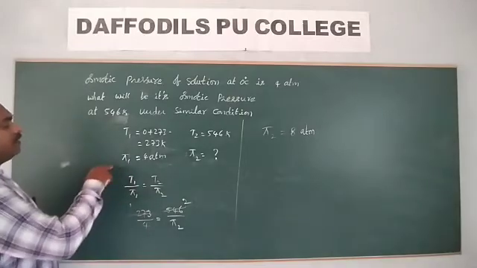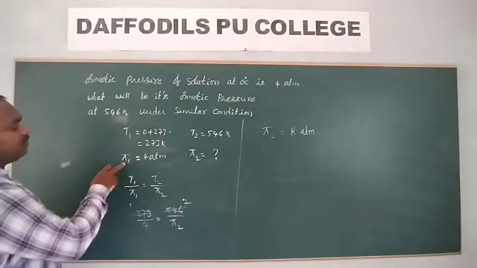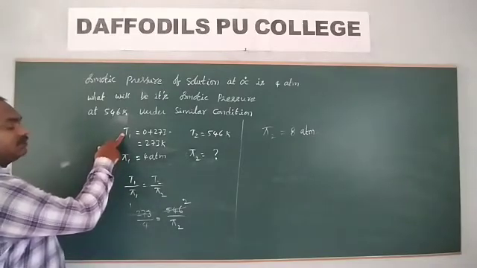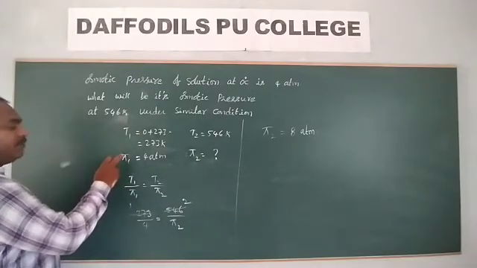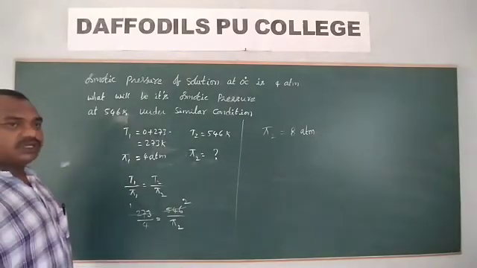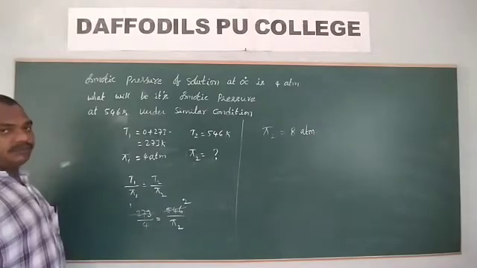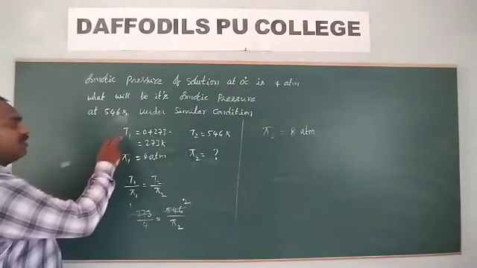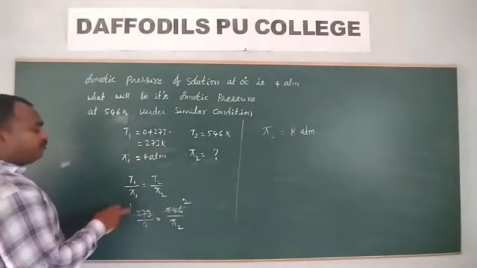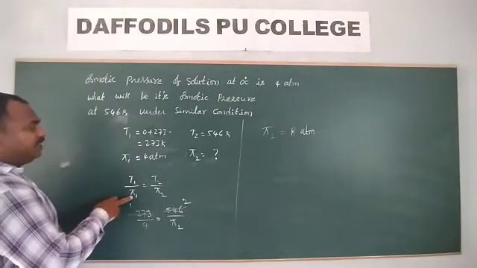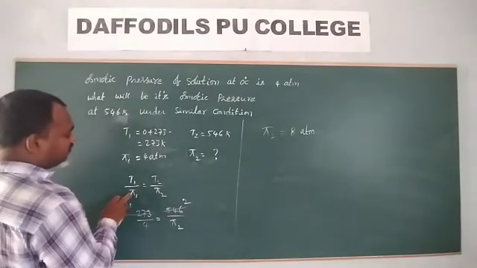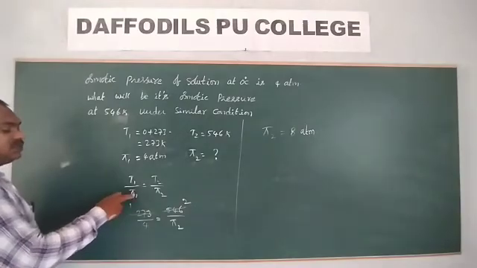Here, osmotic pressure is represented by pi. Pressure and temperature are directly proportional. So this is Gay-Lussac's law. Instead of P, I am just writing pi. Pi represents the osmotic pressure. When gases are taken, instead of pi, P is taken.